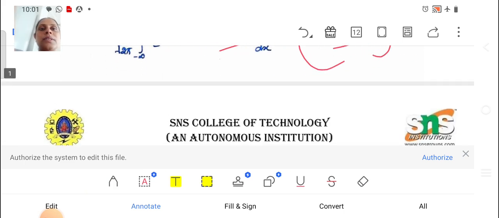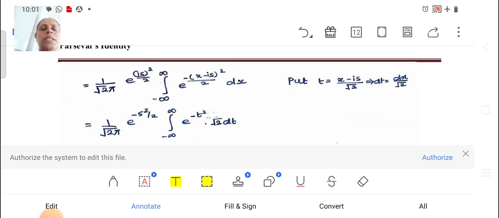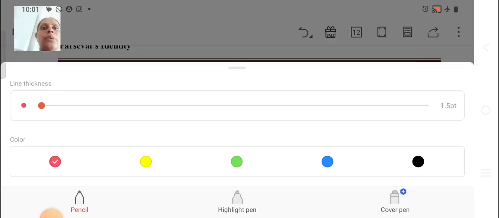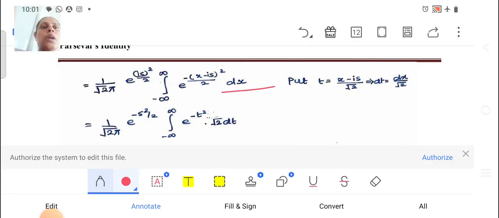Next step. After that, the integral is based only upon x. So e^(s^2/2) is a constant, take it outside.